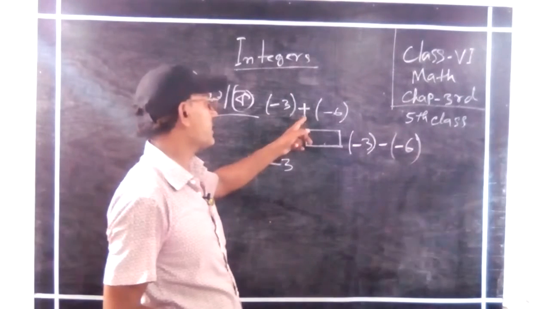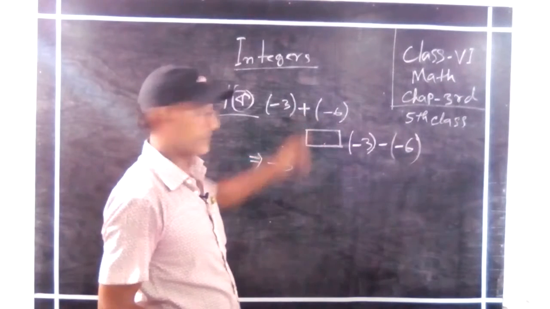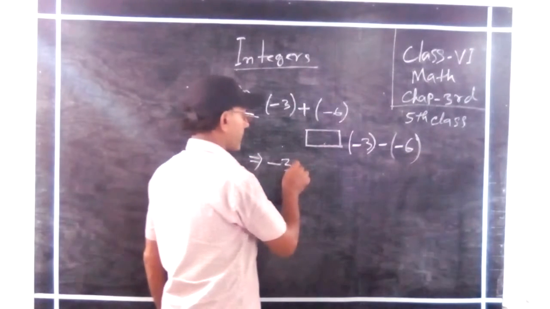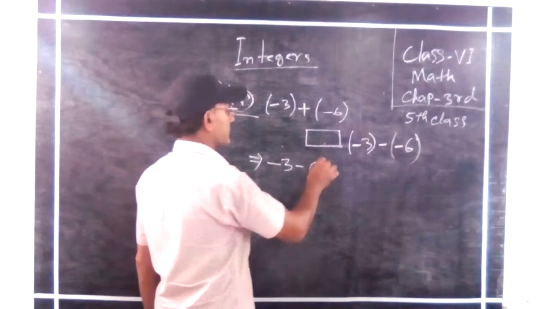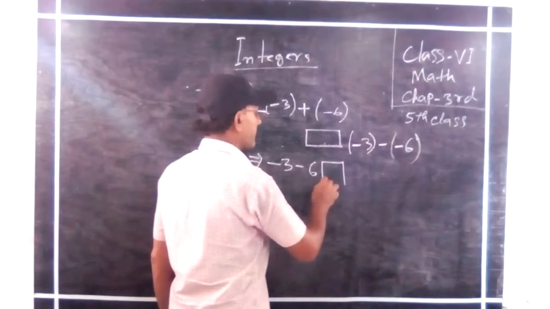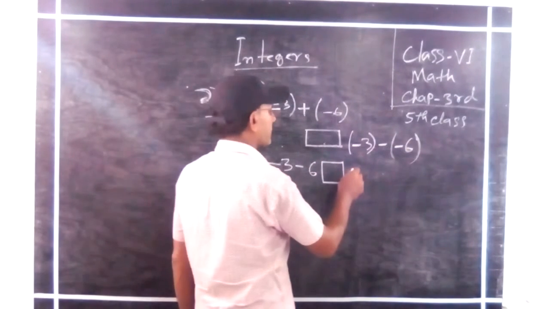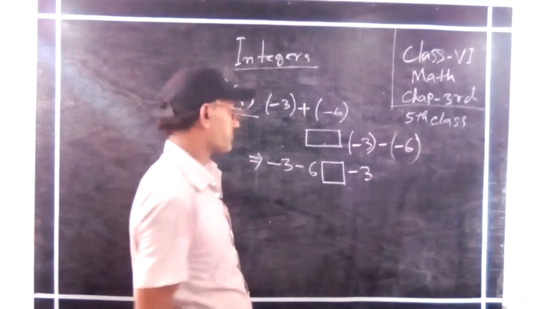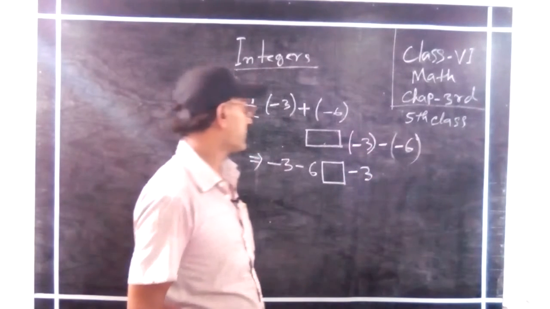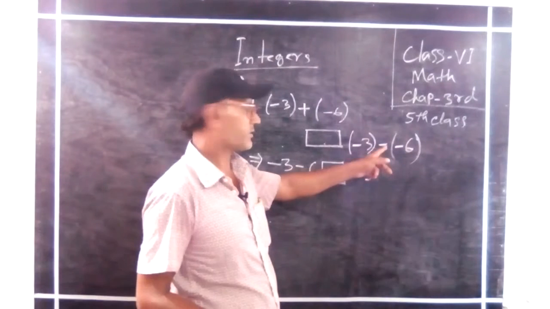Plus means minus 6 plus that minus 6. Then the empty cell. Next, minus 3 means minus 3, and that is our subtract. That was subtract.